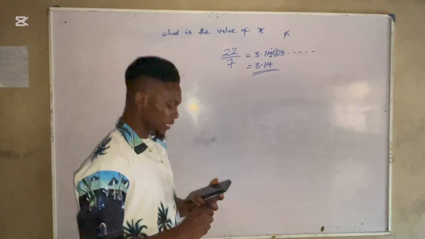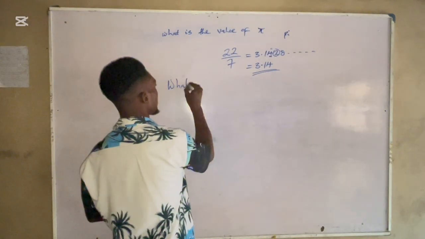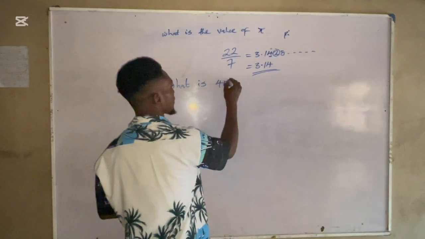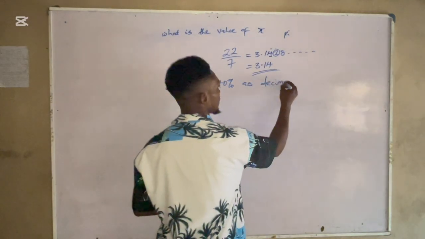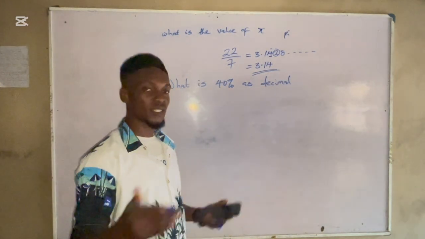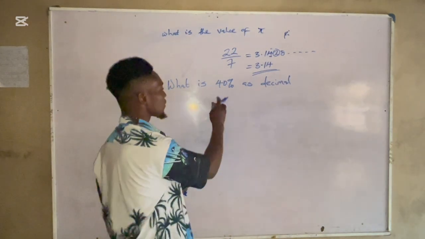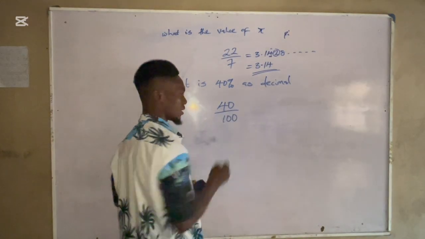What is 40% as a decimal? Always remember that 40%, the percentage goes with 100. So this 40% is the same as saying 40/100.